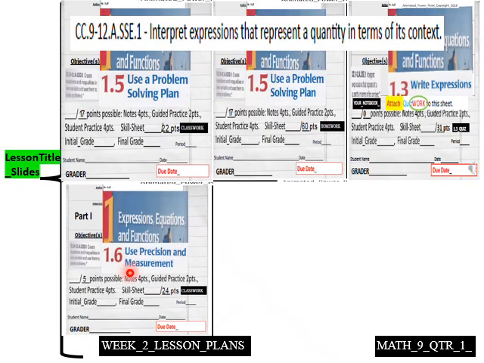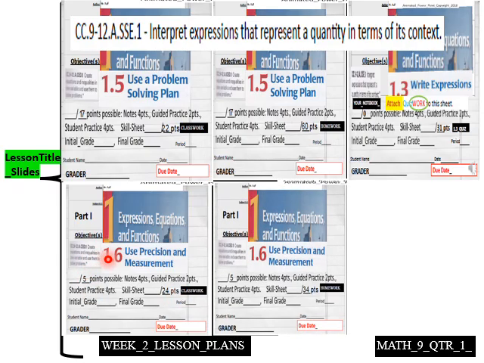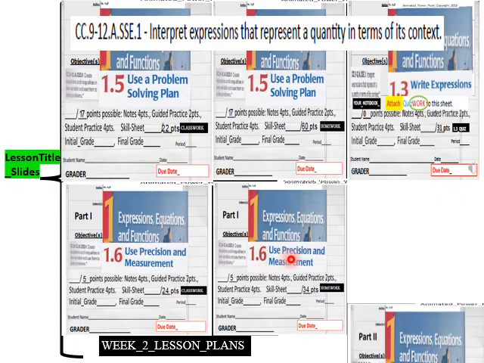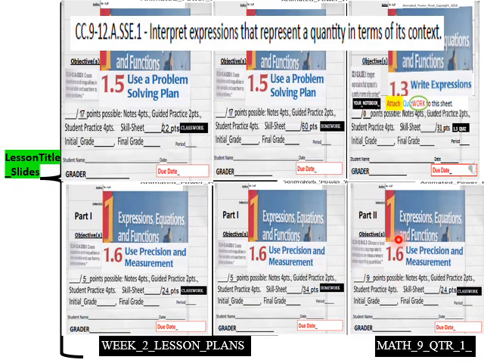And continuing down here to 1.6, part 1 classwork, use precision and measurement. So we got 24 points of classwork, 5 points of note-taking for 1.6. And then 1.6 part 1 homework, we got 34 points of homework. And 1.6 part 2 classwork, 24 points, 9 points of note-taking.